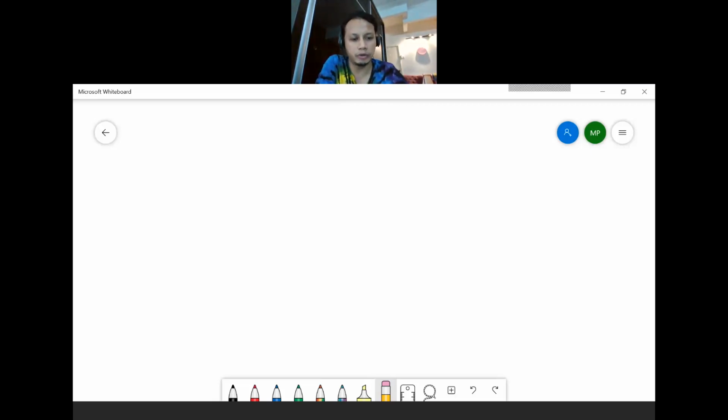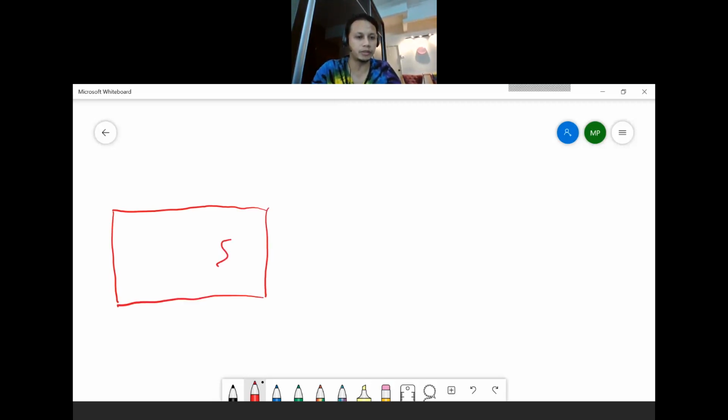So let me draw to you the thick diode and thin diode to illustrate so that you can understand better. All right. This is an example of a thick diode. So for example, this one is your silicon. So the whole thickness is perhaps 300 micron. So this is for thick diode.